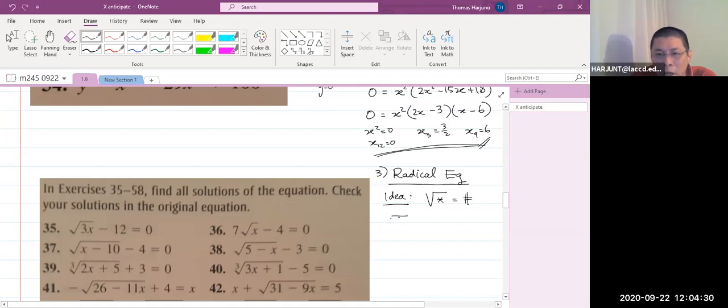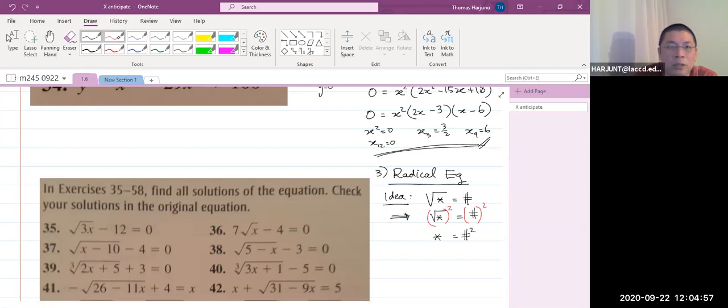We can get rid of the square root by squaring both sides. When I say squaring both sides, we are not squaring term by term, but we are squaring the left-hand side and the right-hand side, such that we get blah equals blah squared.